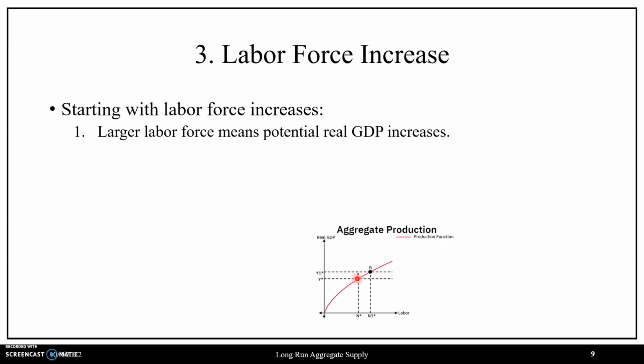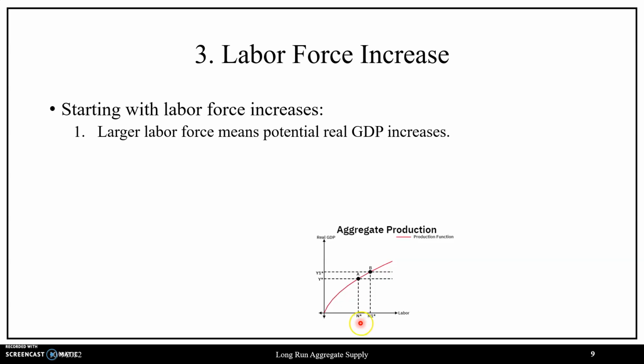Now, if there's a labor force increase, this would either be through immigration or through young people entering the workforce. In either case, if some combination happened, with a greater pool of potential labor resources, then more could be produced in terms of total output, due to more is better.